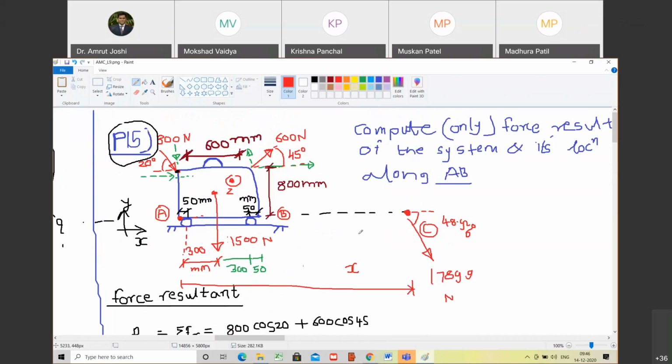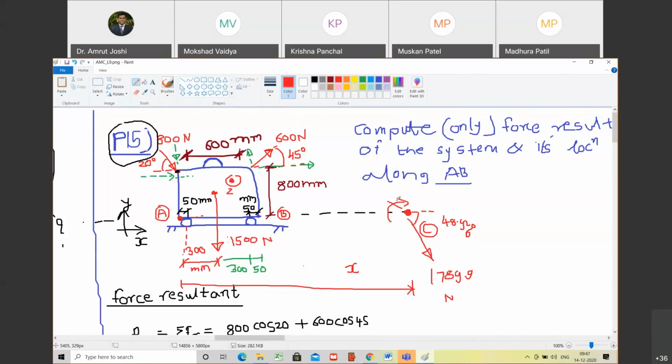Mokshat, if C is such a point where the moment resultant vanishes, then what is the moment of this resultant force 1789.9 about C itself? Sir, 0.